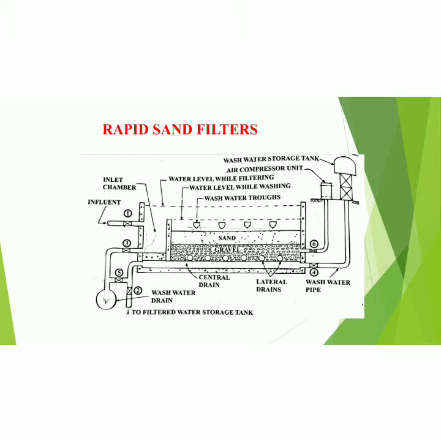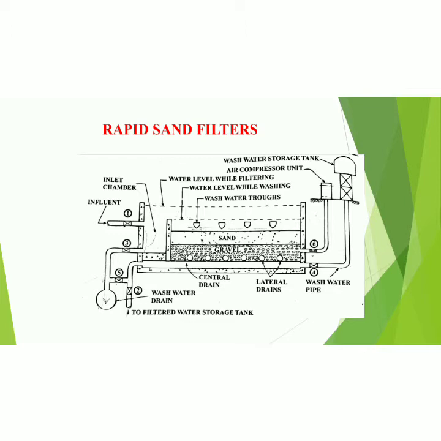You can see the inlet chamber, if I explain from the left side. In the inlet chamber you can see the water level while filtering at the top, and in the middle the water level while washing, and at the bottom you can see wash water troughs, sand bed, gravel bed, lateral drain and central drains. The wash water drain you can see at the left bottom, whereas at the right you can see two types of tanks.